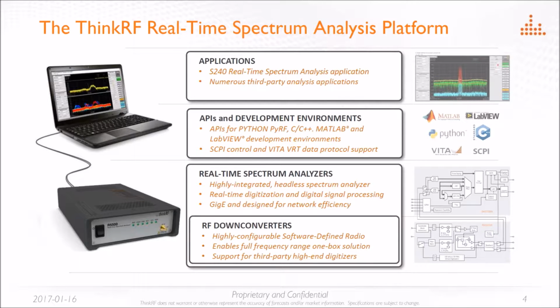As well, we enable control using traditional mechanisms like SCPI, and the data that's received is in VRT format, which is a very commonly used software radio format. Finally, moving up to the application layer, we have the S240 real-time spectrum analyzer application, and we also support a number of third-party analysis applications.